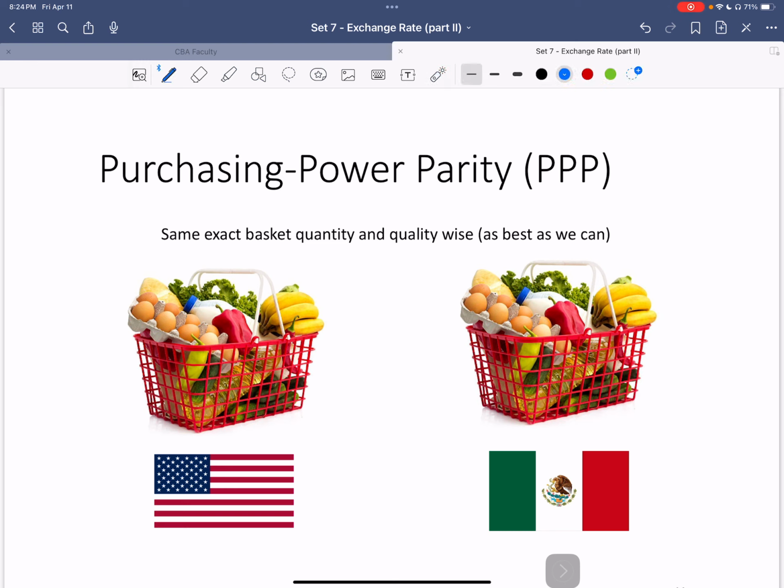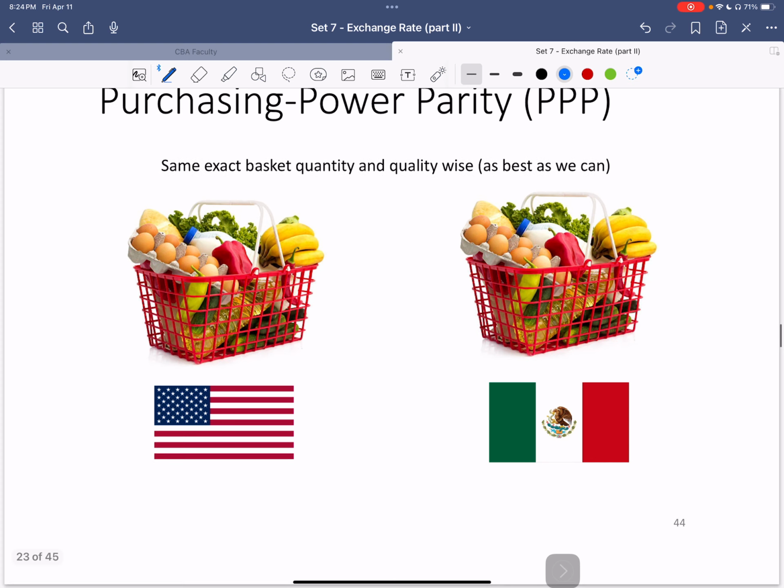All right, so for example, if I buy this in Mexico for 2,000 pesos, okay, and take this basket to the US and sell it at $100.